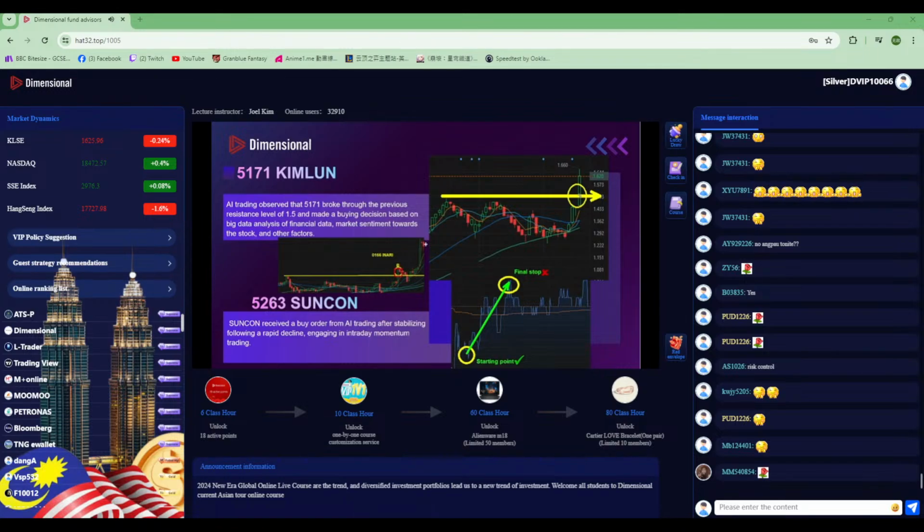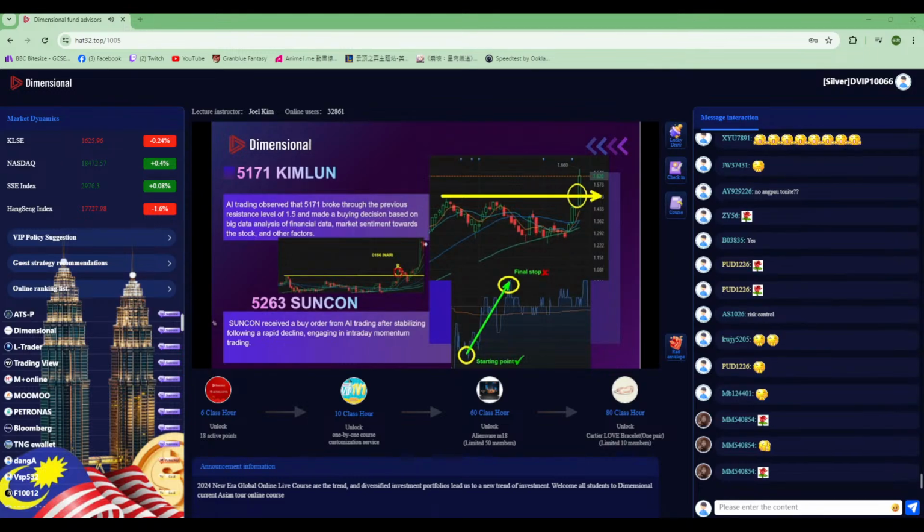Now, after breaking through the resistance, what does it do? It entered the trade, right? Which is to make a buying decision based on big data analysis of financial data, and also using market sentiment towards the stock and, of course, other factors as well.